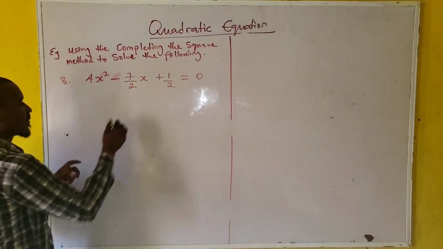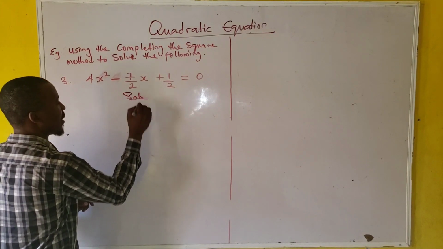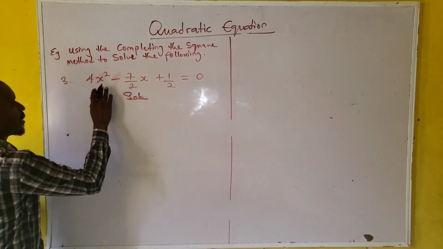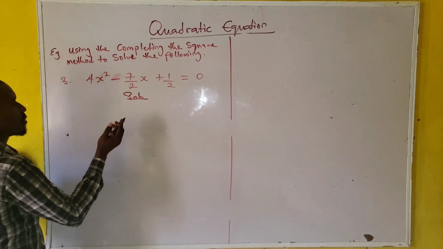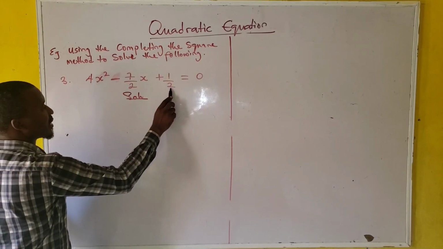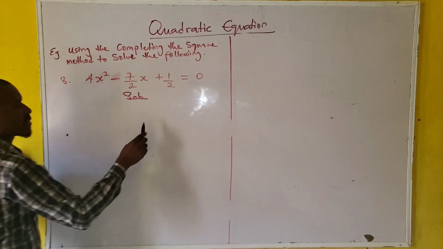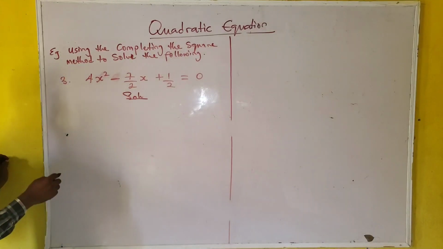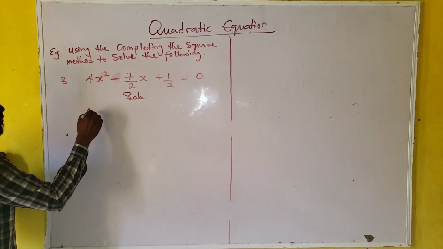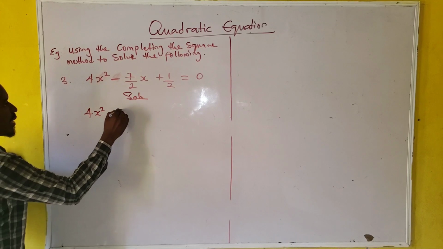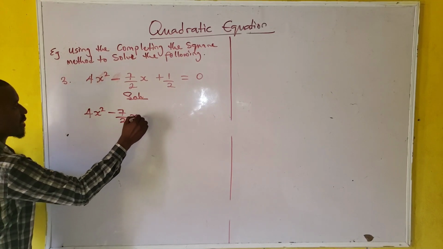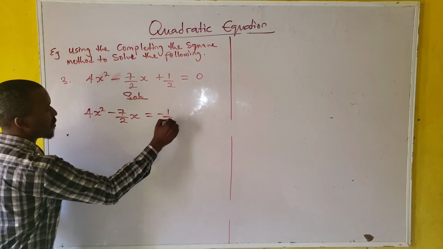So let's first start. So the first thing to do, in completing the square method, is always taking our constants to the other side of the equation. So that will give us 4x squared minus 7 over 2 x equals to minus 1 over 2.